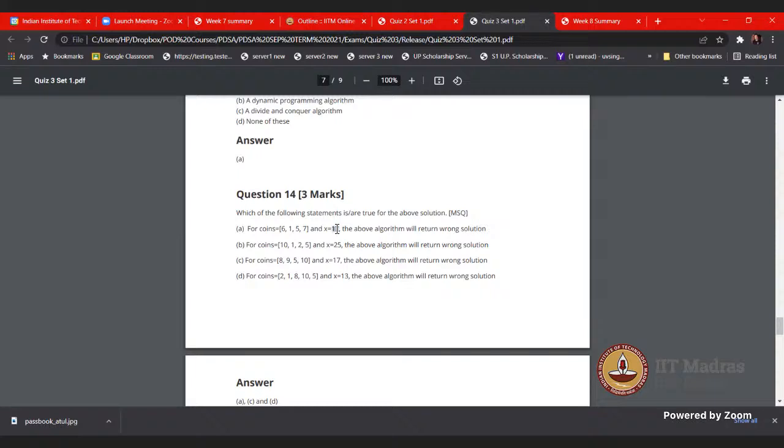For example, if you select 7 two times, you get 14. After that, you cannot select 5 because 14 plus 5 becomes 19, and you cannot select 6 because it becomes more than 17. So you have to select 3 coins of 1, and the total coins become 5. In another way, if you select 6 two times, that is 12, and select 5 one time, the total number of coins is now 3.